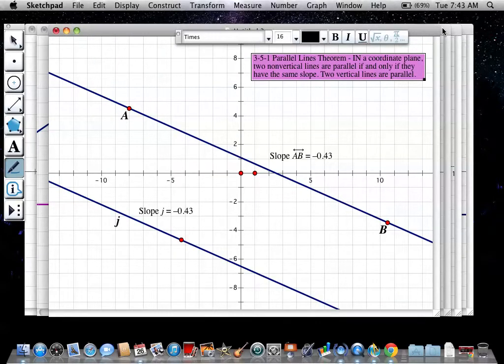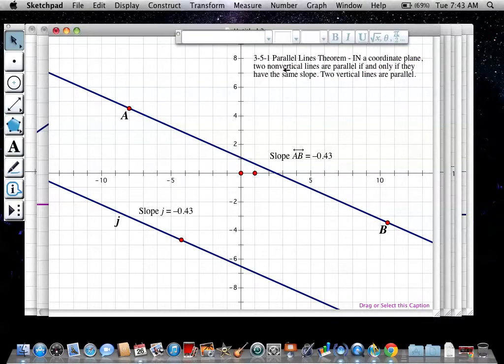All right. So our first theorem here, 3-5-1, our parallel lines theorem. In a coordinate plane, two non-vertical lines are parallel if and only if they have the same slope. Two vertical lines are always parallel. So if I look here, I have line AB and I have a line J here.